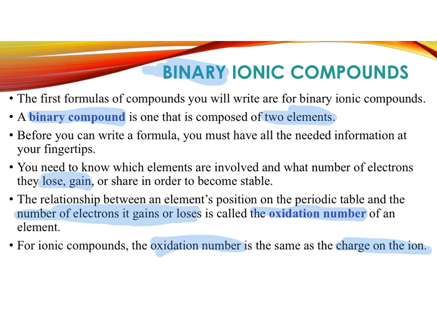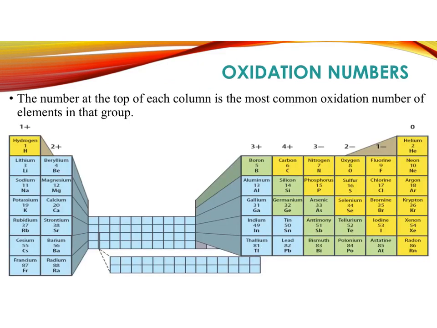Now, later on in chemistry, you might get better definitions of oxidation number that are more complete, but in a class like this, let's try to use charge and oxidation number as pretty much synonyms.